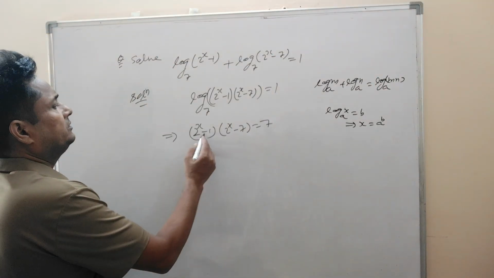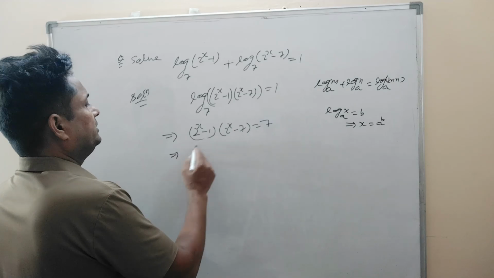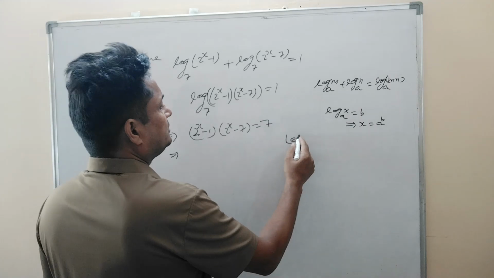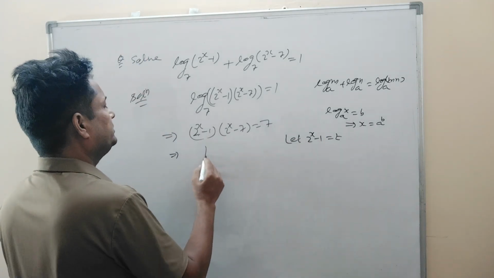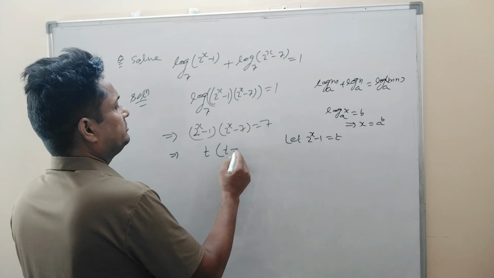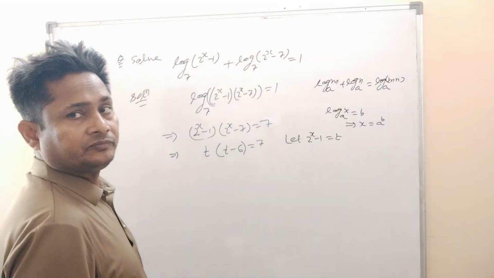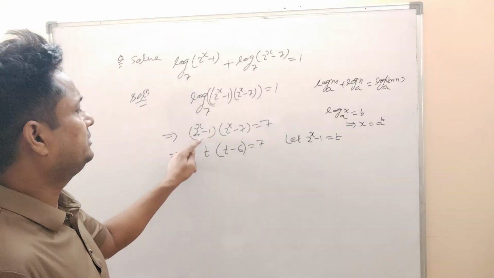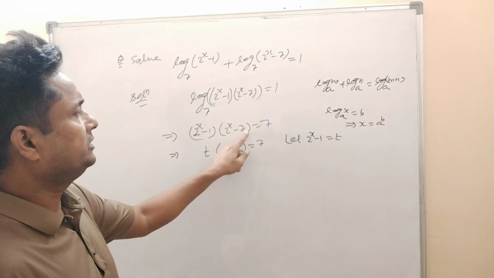Now solve this one, multiply this. Let 2 to the power x minus 1 be equal to t. Then this can be written as t into (t minus 6) is equal to 7, since 2 to the power x minus 7 is 2 to the power x minus 1 minus 6.